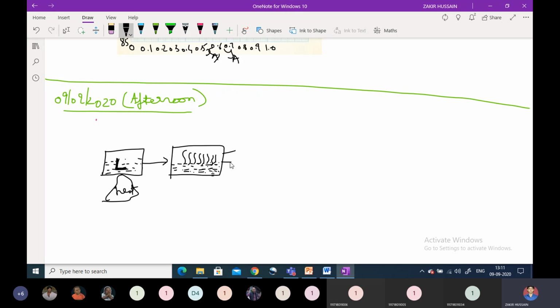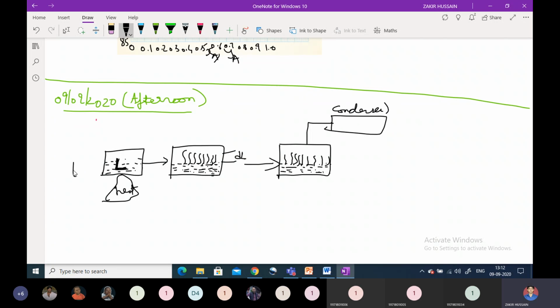So these vapors will have a differential amount dL. So dL moles of liquid will be vaporized, and after some time we give these vapors, the differential amount of vapors, to the condenser.